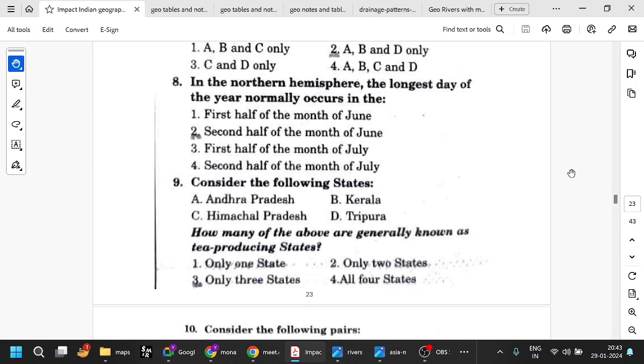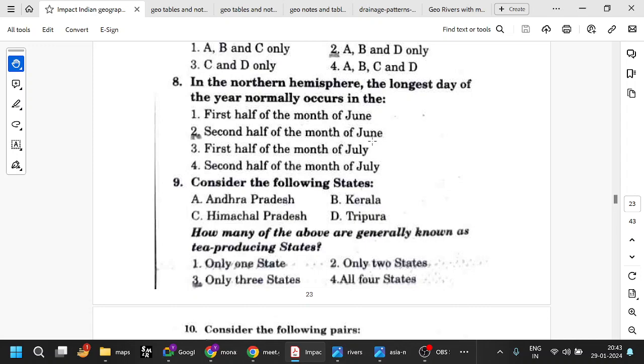In the northern hemisphere, the longest day of the year normally occurs in the second half of the month of June. So basically, we have studied about summer solstice, winter solstice, and equinox, right? If you remember, summer solstice occurs on June 21st, and winter solstice occurs on December 22nd.